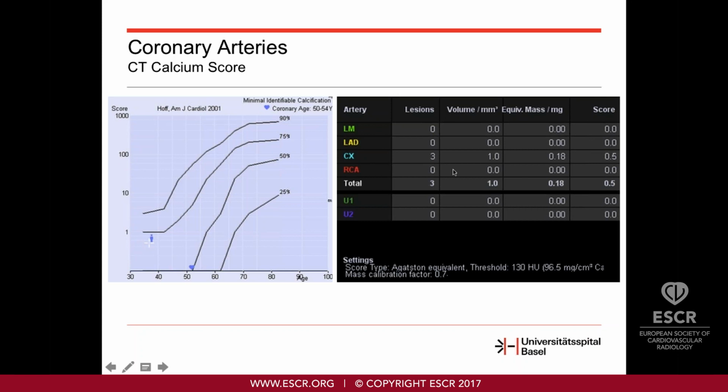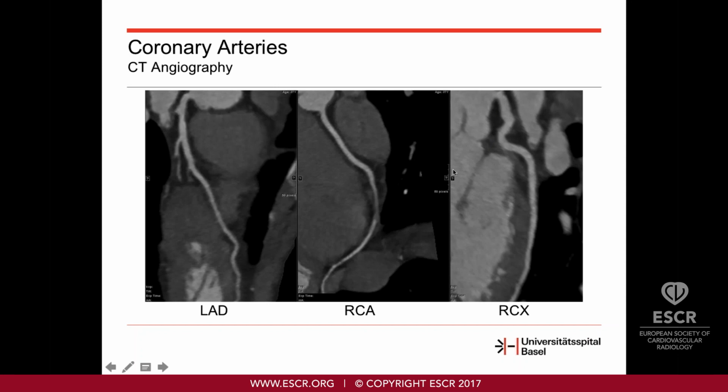You can see the calcium score measured on a native CT scan, and we see one small calcification on the circumflex artery with a very, very low calcium score, no calcification in the left main, LAD, and no calcification in the right coronary artery. This finding is a very strong predictor of low risk of coronary event in the future.